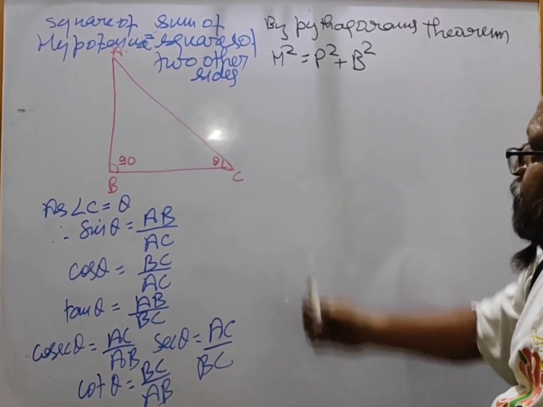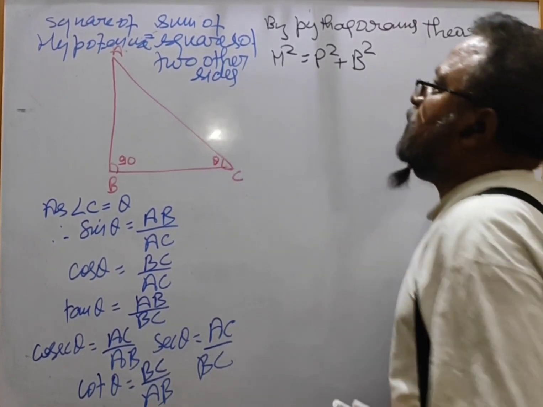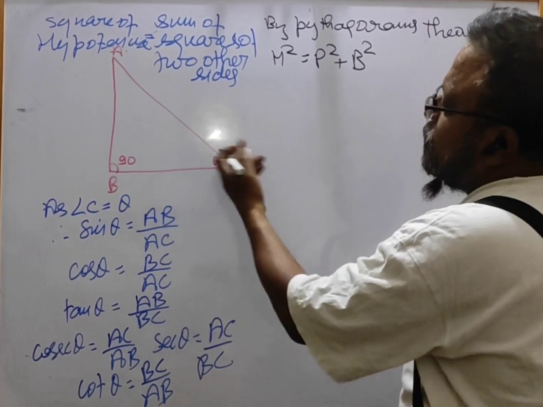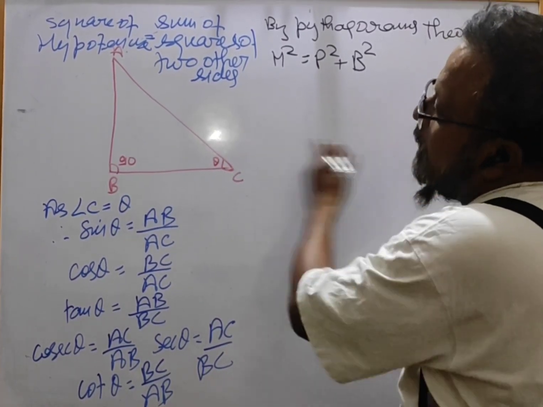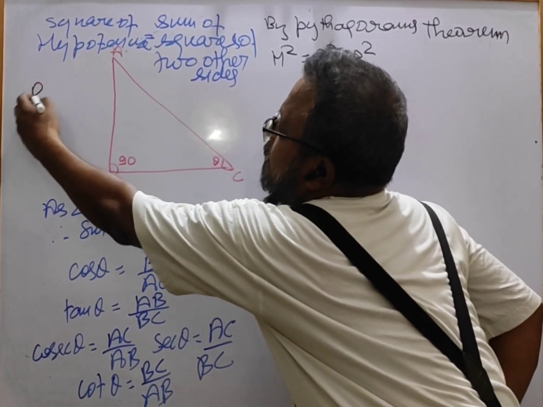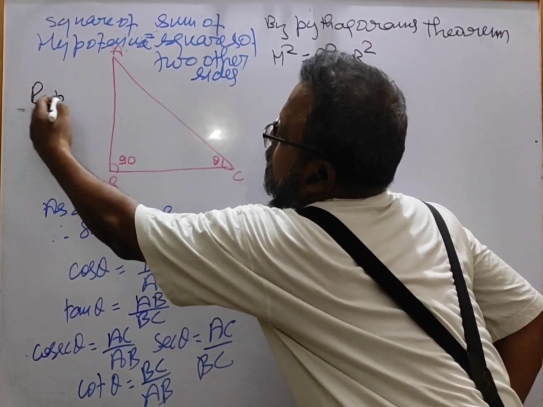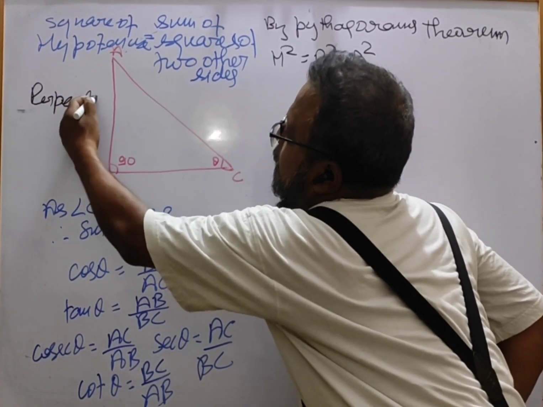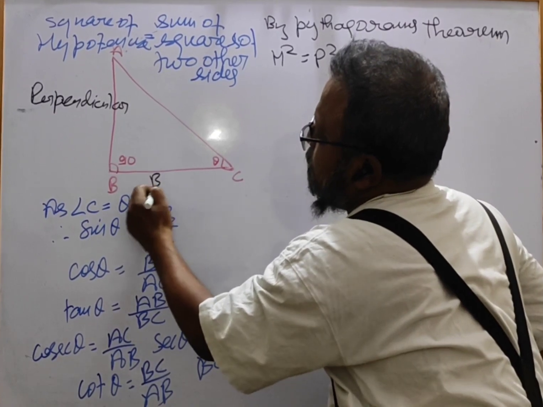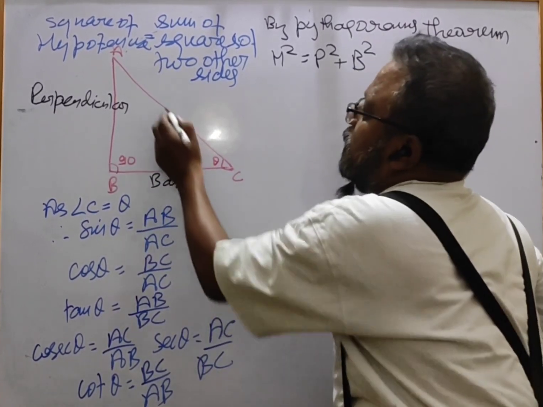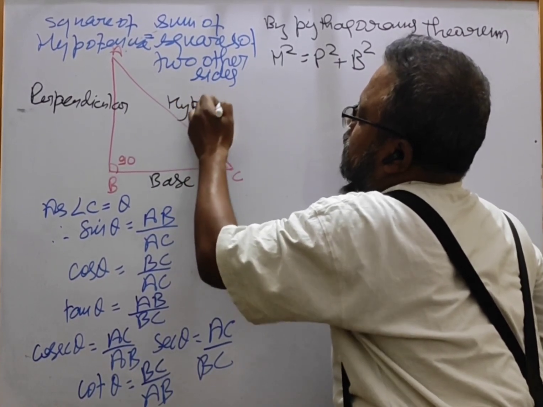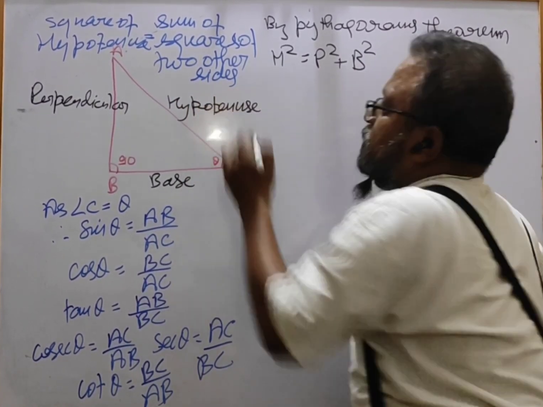So with this, what is AB? Here it is clear that this is the angle theta we are taking, so with reference to that, the perpendicular is AB, this is the base, and this is definitely the hypotenuse.